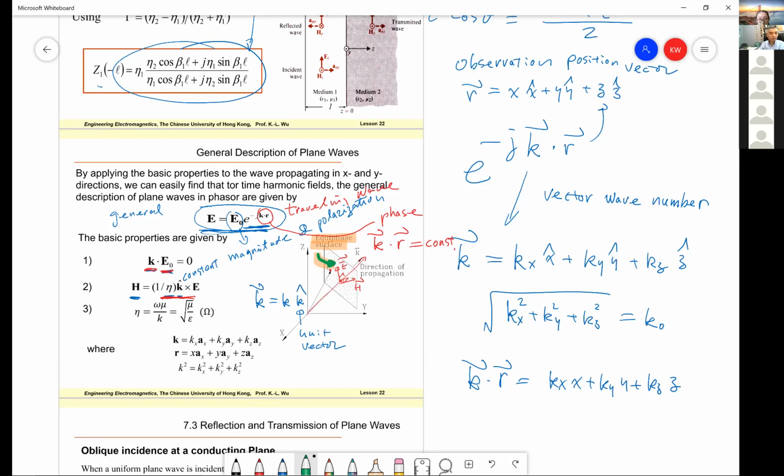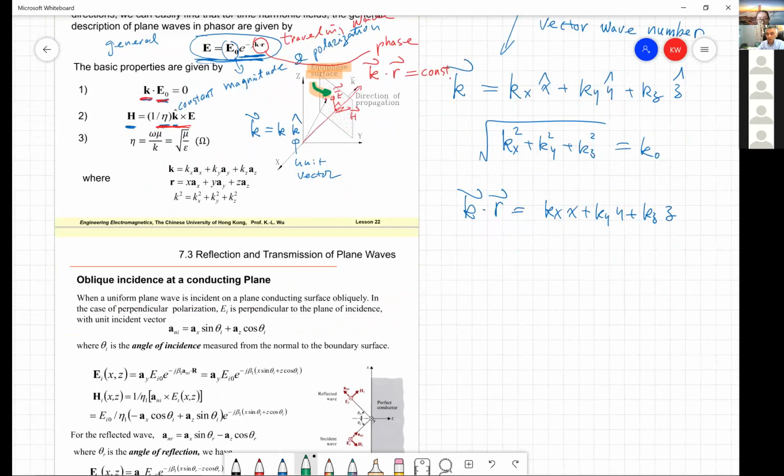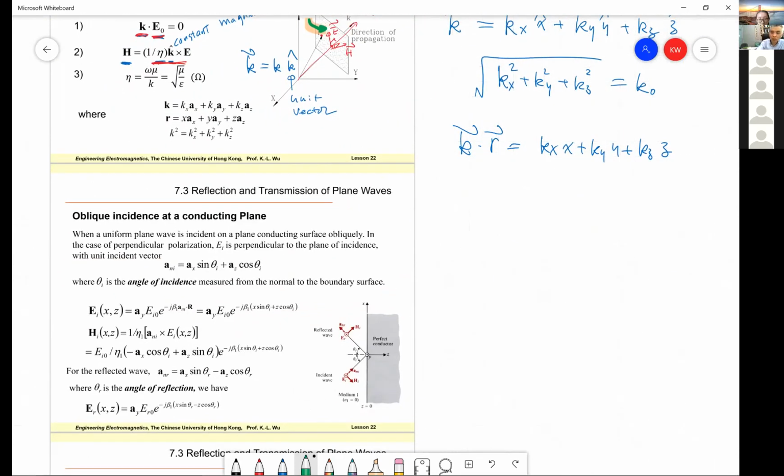All right, so that is where we end up. We end up at normal incidence, and the case for oblique incidence we just leave to you. It's not required.